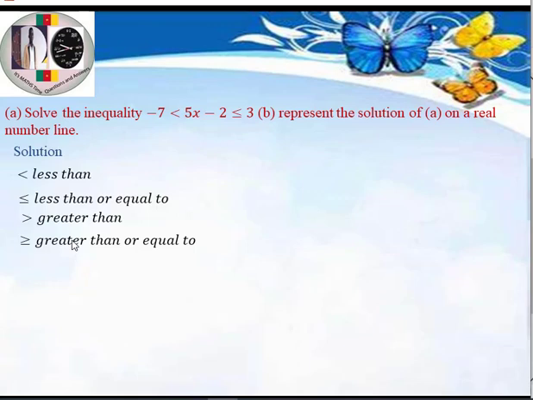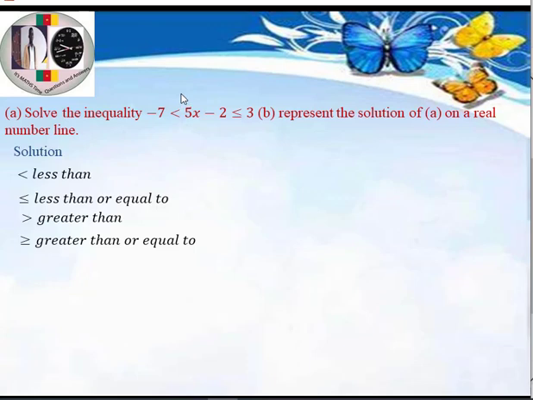Okay, with this in mind, we can see that a mathematical expression can have more than one inequality sign, like this question, which contains less than, and less than or equal to. We can solve this question by splitting this inequality into two, breaking where we meet the second inequality sign, whether going from left to right or right to left.